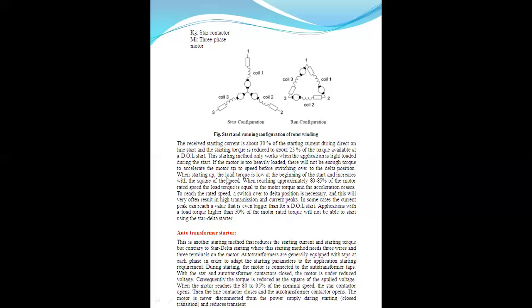When starting off, the load torque is low at the beginning of the start and increases with the square of the speed. When it reaches approximately 80 to 85% of the motor rated speed, the load torque is equal to the motor torque and the acceleration ceases.